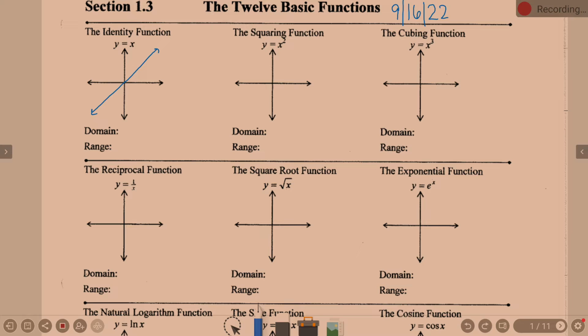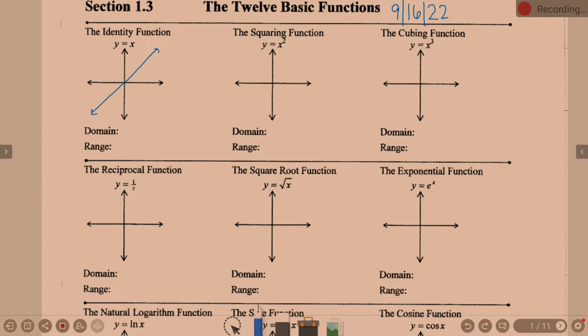So this is called the identity function. One thing, you need to be familiar with the equations and the names, because I think I have that either on the quiz or the test. Can't remember. Maybe I don't do that for the test, but, okay, so identity function. Basically, it's a line. The equation represents it, y equals x.